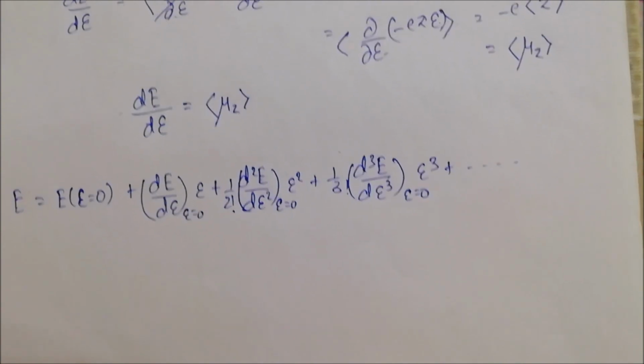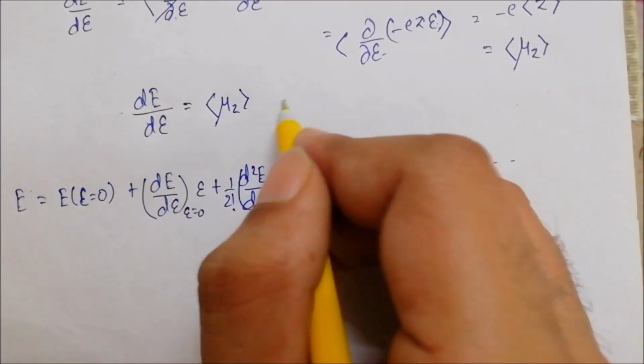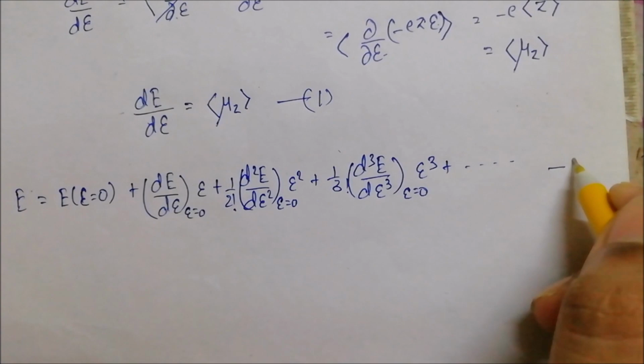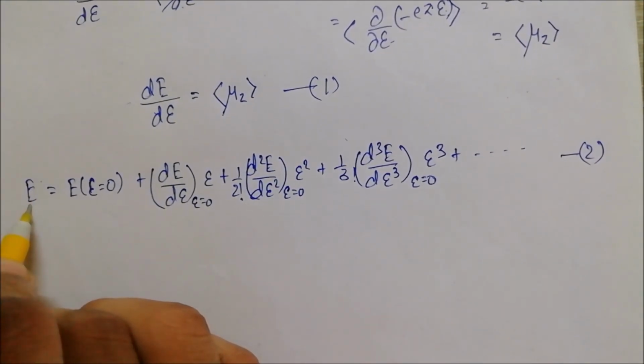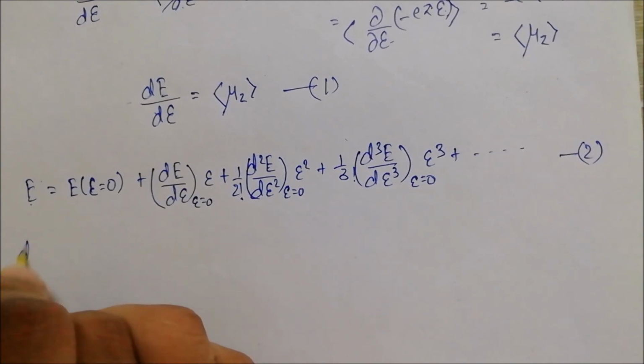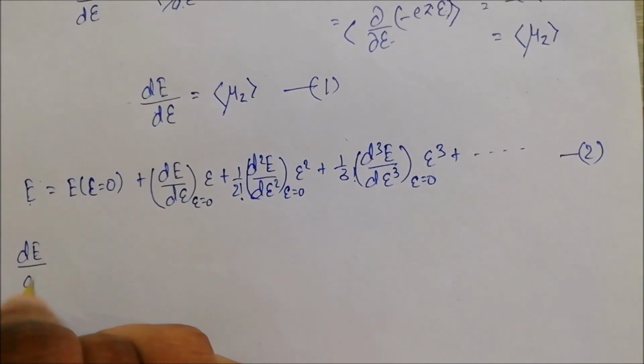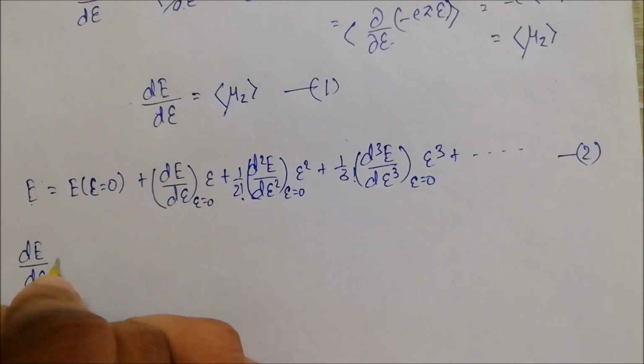Okay, so let's name these equations. Let this be 1, this be 2, and now we take the derivative of this energy with respect to the static electric field, the variations in the static electric field.